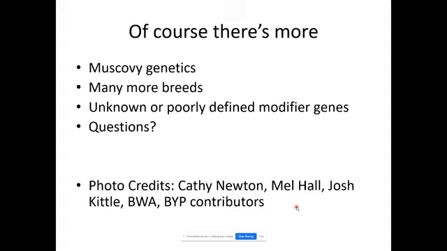I just enjoy reading about this and improving my knowledge a bit, so I want to share a little bit with you. As I said, there are some specific genes such as barring and others that are in Swedish breeds. The basic principles are the same, but rather than try and go faster than I already have and cover those as well, it was better to leave that for another day.